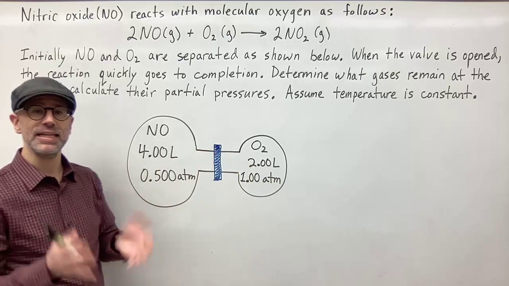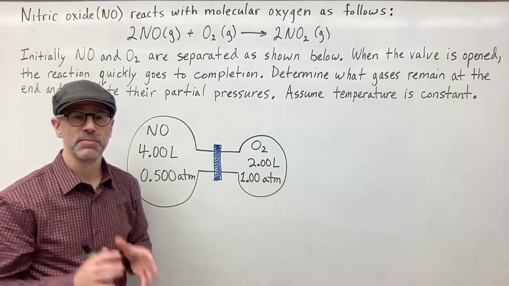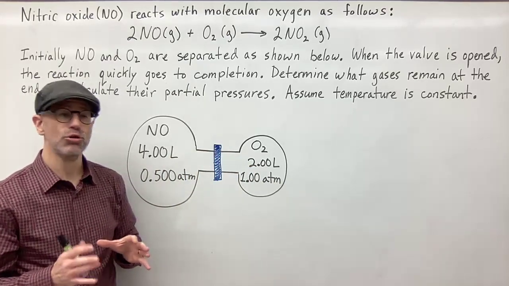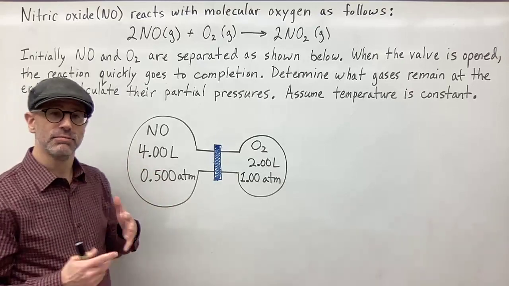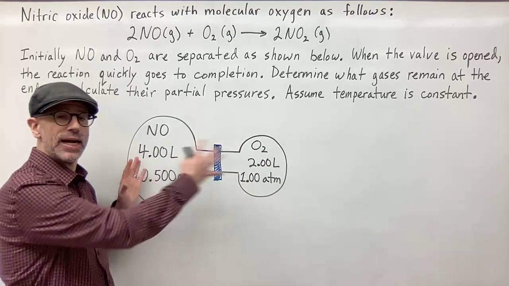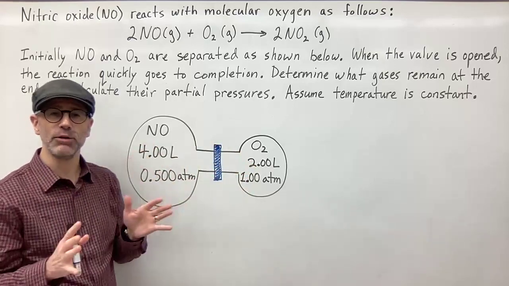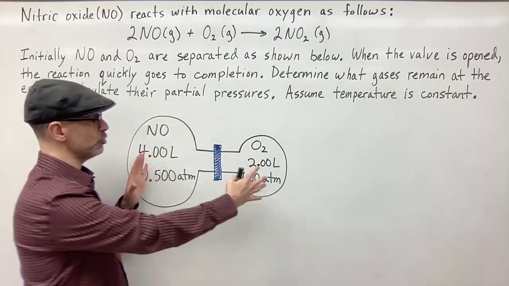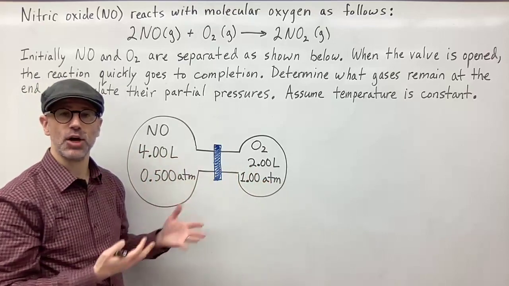Now, the easiest way to do this, I think, is to just imagine that we're going to allow the gases to spread out before anything reacts. Of course, as soon as the gases come together, they're going to start reacting.